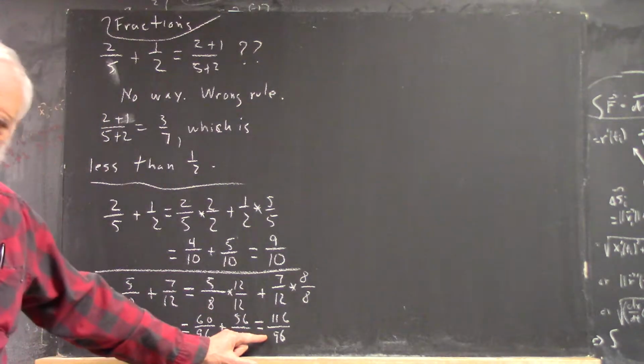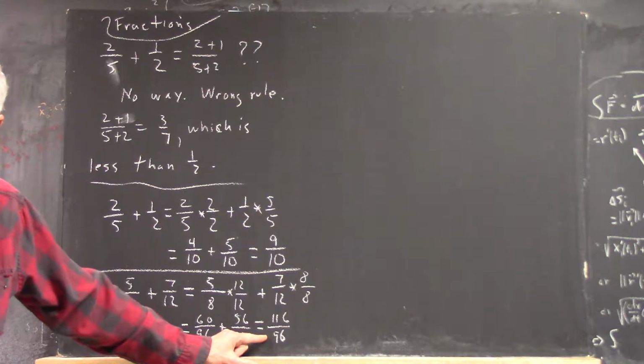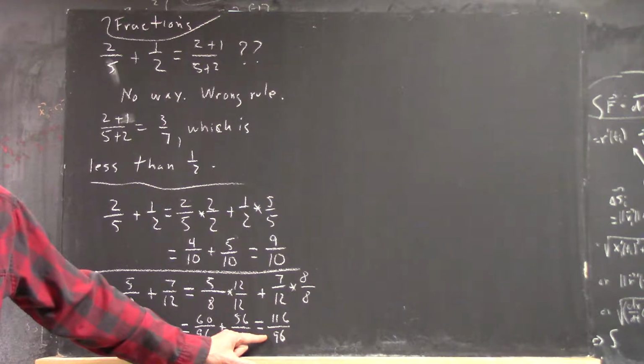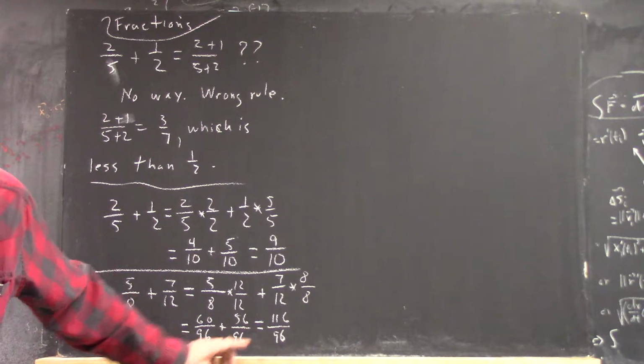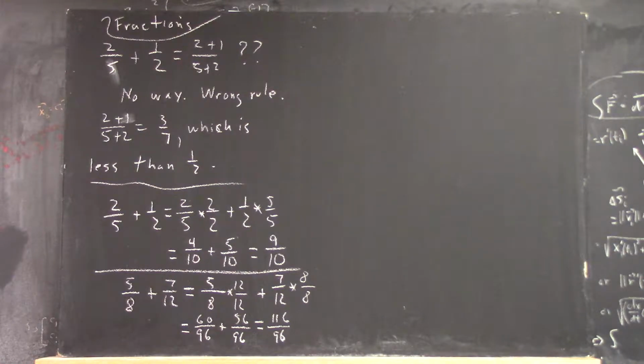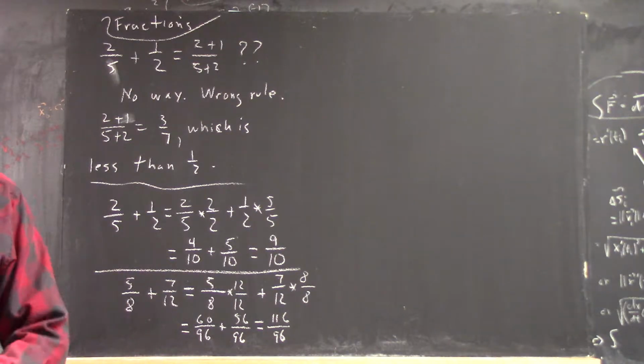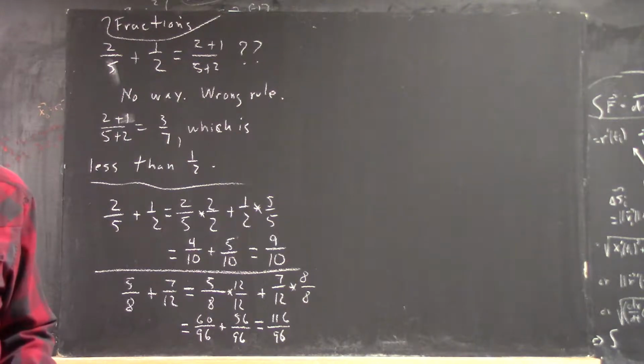Now, what about 116 over 96? Is there something we need to do with that? It would turn into one, something, right? Would it turn into one and then another fraction? We could write it as a mixed number, but in this course, we're pretty much not going to do that unless we need to graph it. Okay?